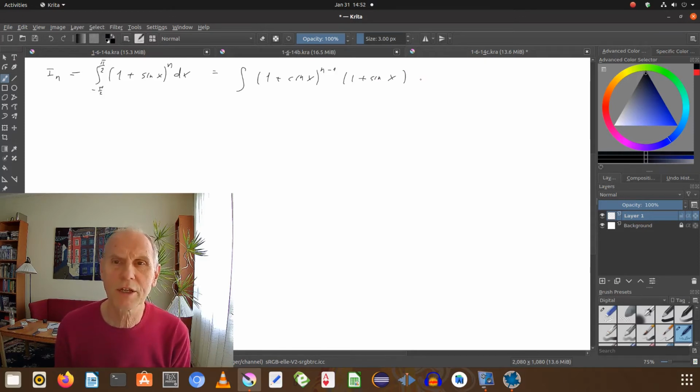We split it. So that's I n minus 1 plus the integral, and now we do partial integration.